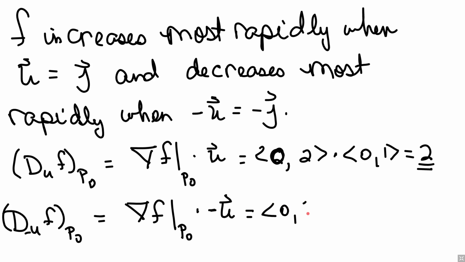So (0, 2) dotted with (0, negative 1). So we get negative 2. Any questions?